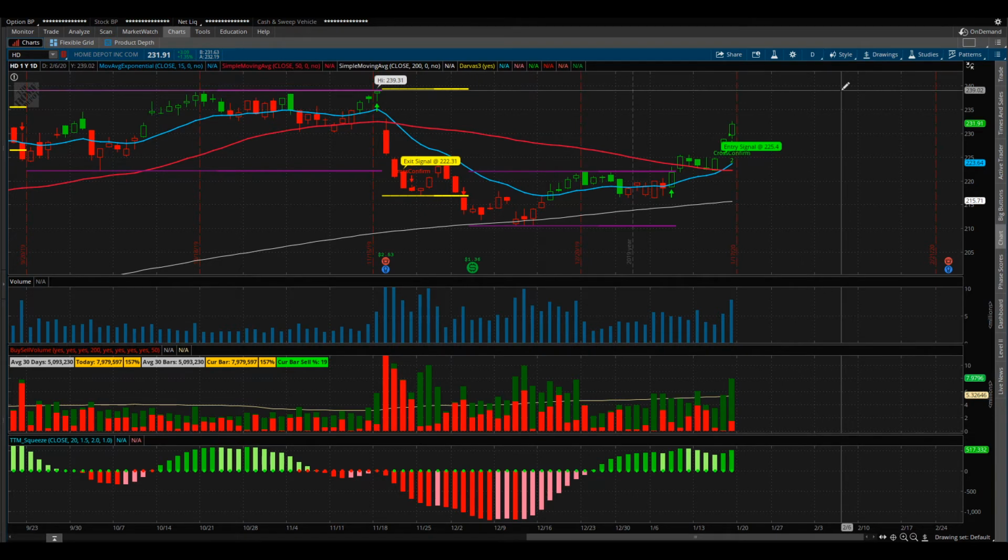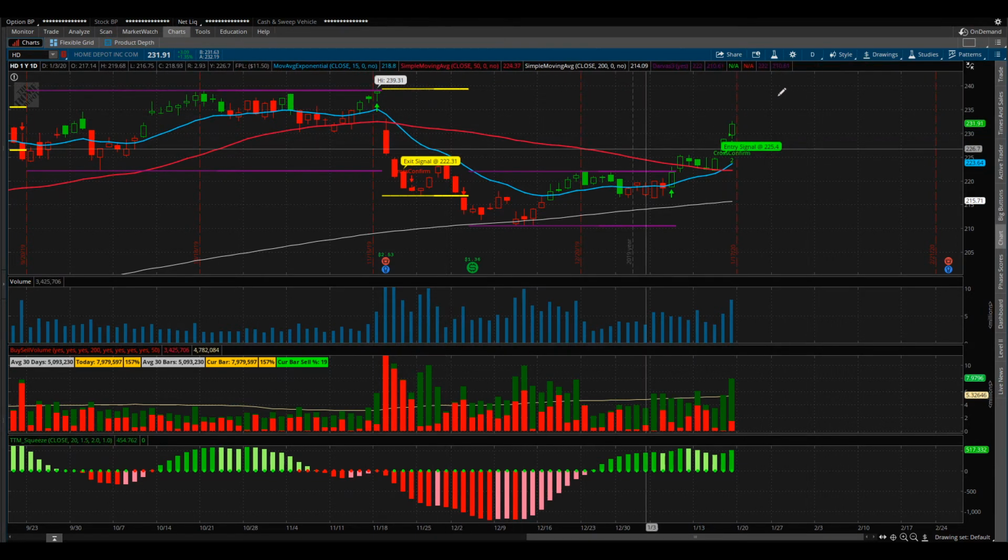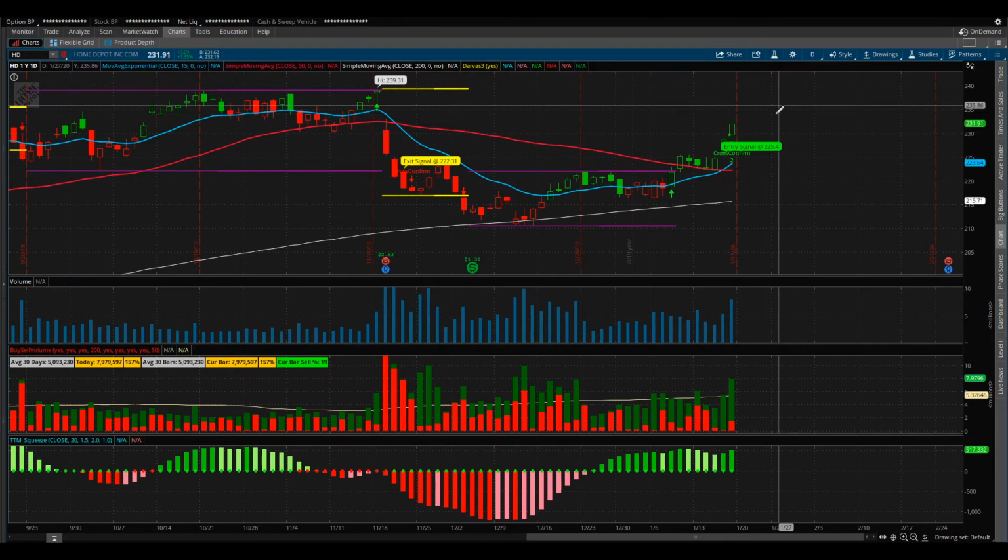So it's expecting, options are expecting Home Depot to at least get back up. And here you go, 237 to 240 is where the top is. So the options are expecting that move to happen. So if that move happens fast, those options will be worth a lot of money. If that doesn't happen that fast, then obviously you're going to lose a lot of decay on these.